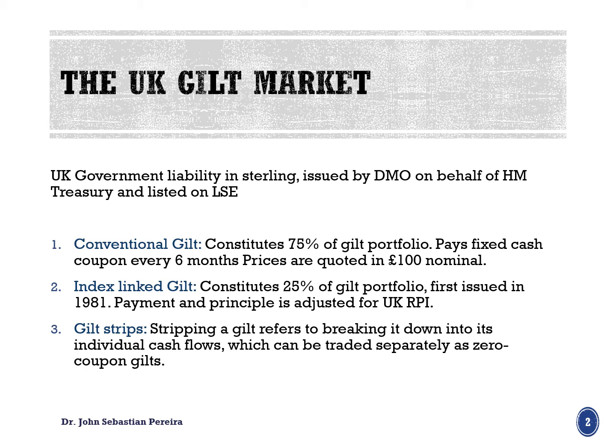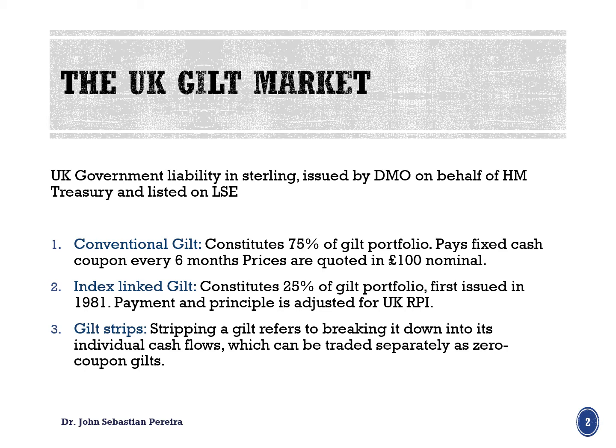A conventional gilt occupies 75% of the total gilt portfolio in the UK. It pays coupon in the form of interest every 6 months. The price of the conventional gilt on the London Stock Exchange is generally quoted with a £100 nominal value.